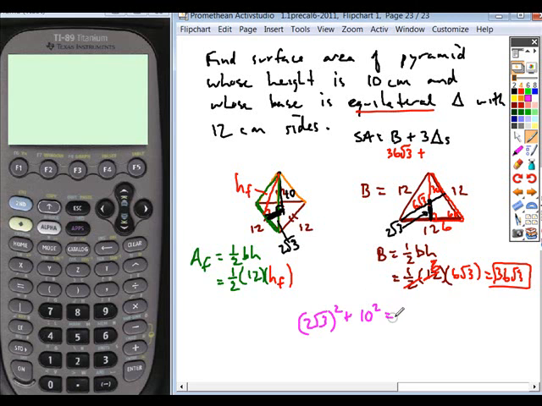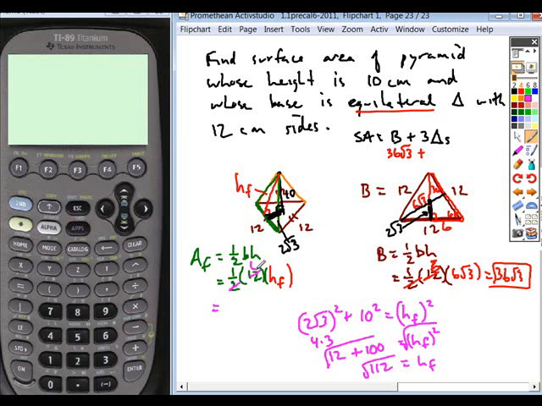The sum of the squares of the legs is equal to h sub f squared, the square of the hypotenuse. So we can just solve this. 2 squared is 4, root 3 squared is 3, 4 times 3 is 12, 12 plus 100 gives us 112, is equal to h sub f squared, extract the square root. So h sub f, this height, is actually equal to the square root of 112.